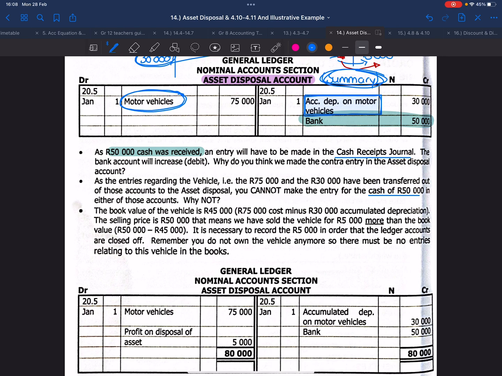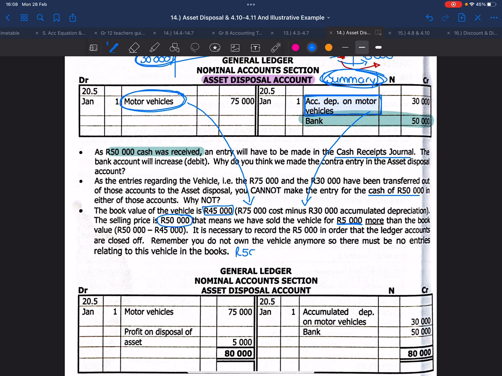And why not? The book value of the vehicle is 45,000, and we see that because we took our cost minus the accumulated depreciation to get our book value, and the selling price is 50,000 Rand. So that means we have sold the vehicle for 5,000 Rand more than the book value.